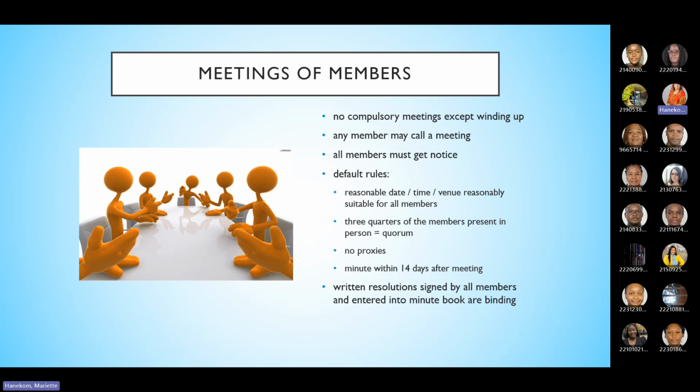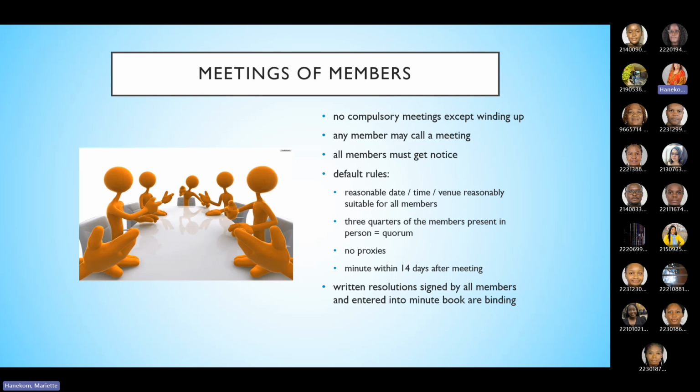Looking quickly at meetings of members, we've touched on meetings of members so far, or briefly mentioned that any member at any time has the right to call meetings. Close corporations don't have to have an AGM, an annual general meeting. There are no compulsory meetings required except at the winding up of a close corporation.